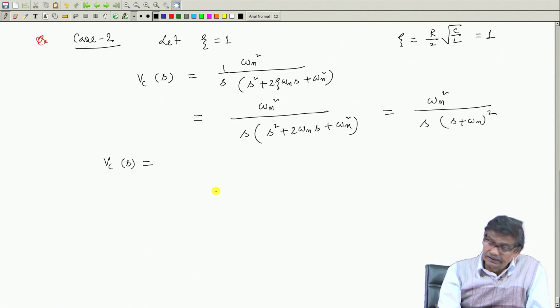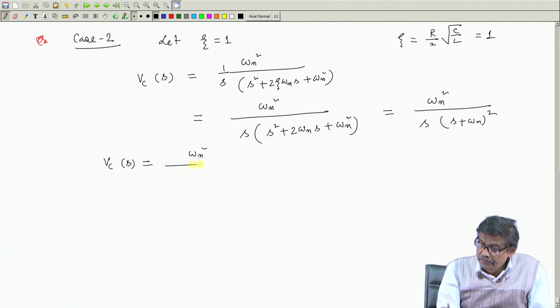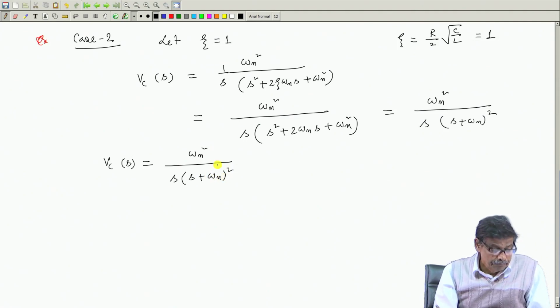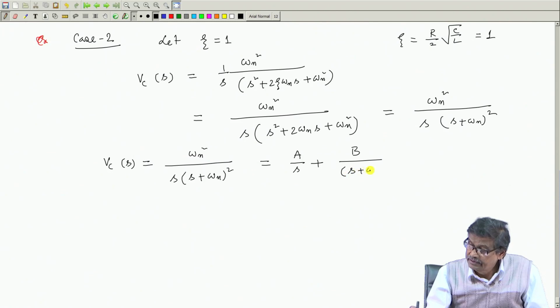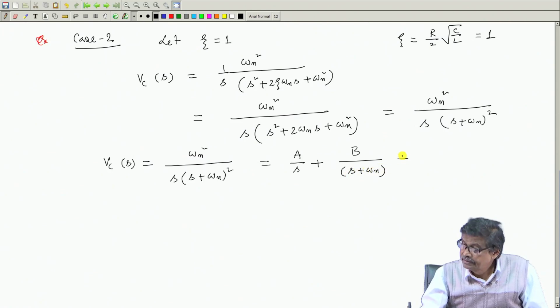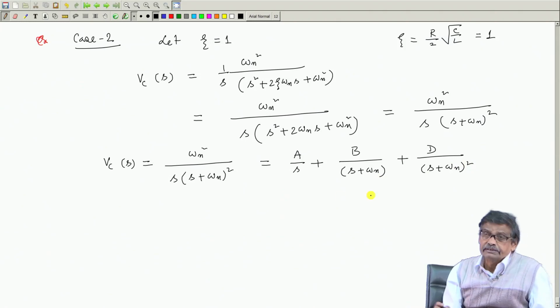So, let us do it in that way: omega n square divided by s and s plus omega n whole square, this is the thing. Let this be equal to a by s plus b by s plus omega n plus d by s plus omega n whole square. Let us redo this very quickly.